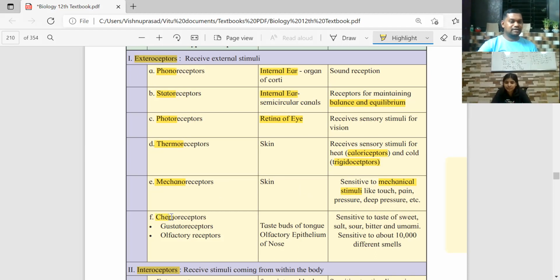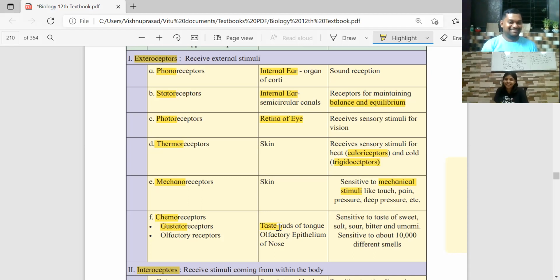You have chemoreceptors. Chemo means chemicals. There are two types. Gustatoreceptors are for taste. Whatever taste you get on your tongue is because certain chemicals dissolve in the saliva present on the tongue.